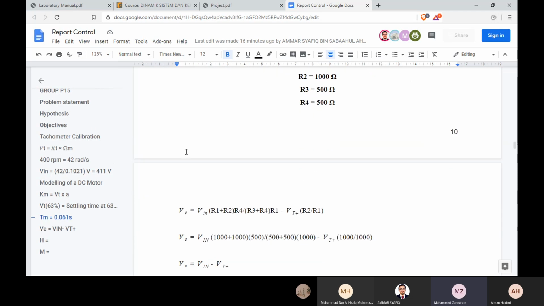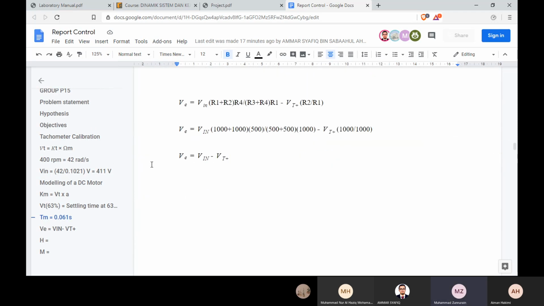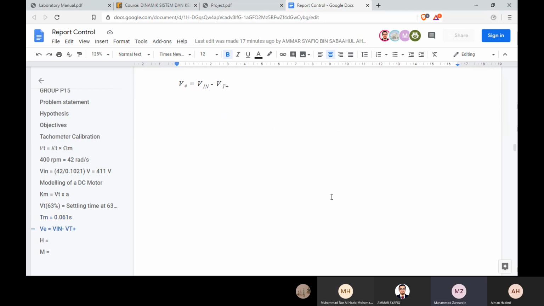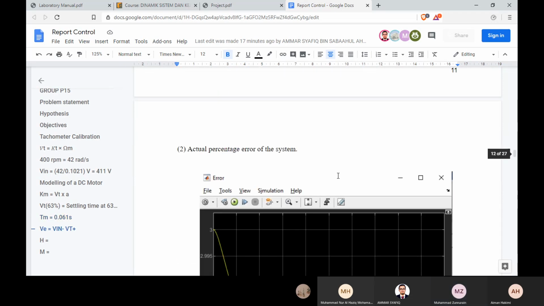Now that we know the values of the four resistances, we put them in the equation VE equal to Vin times (R1 plus R2) times R4 over (R3 plus R4) times R1, minus VT times R2 over R1. We get the equation that is needed: VE equal to Vin plus minus VT plus.